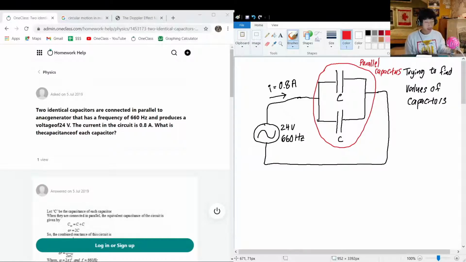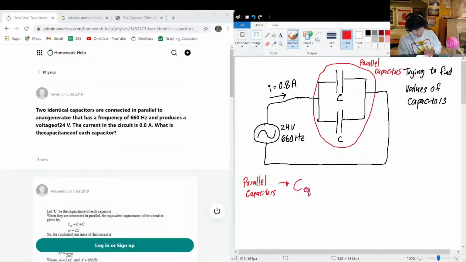Now, parallel capacitors, the way that you get an equivalent capacitance out of them is pretty similar to how you do series resistors or series inductors. So for parallel capacitors, this is the equation.